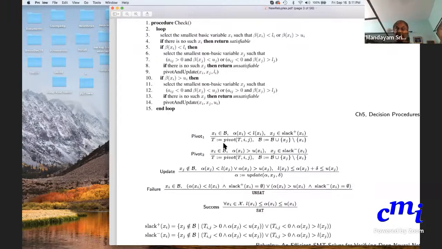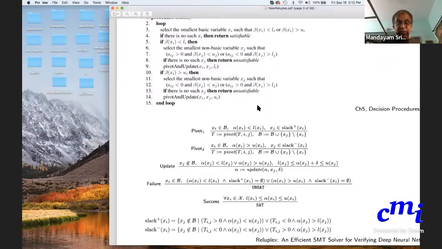There it is presented as a set of inference rules, and the pivot and update are split into two separate operations. And sometimes presenting it as inference rules has an advantage, in that you can explore different strategies and so on, whereas here it explores a particular strategy. So I want to point that difference out.